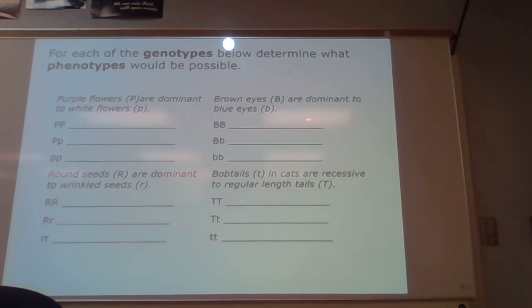So, you know, brown eyes, blue eyes, round seeds, regular tails. Heterozygous and homozygous dominant individuals have the same phenotype. You have to be homozygous recessive to show the recessive phenotype. You have to have two broken copies to not show the trait.